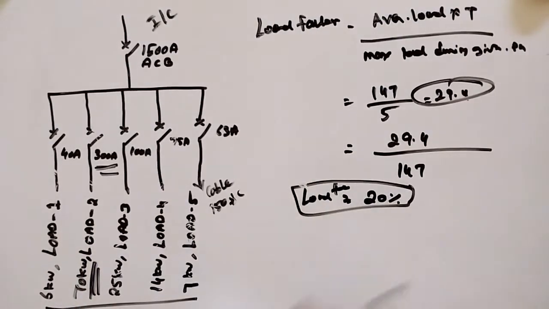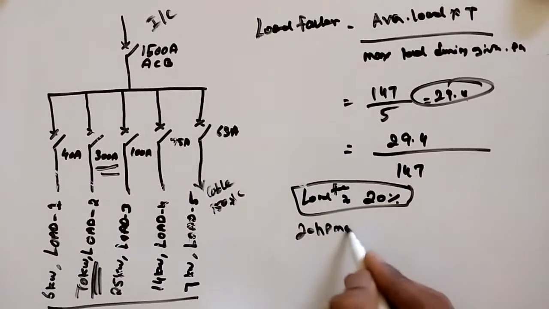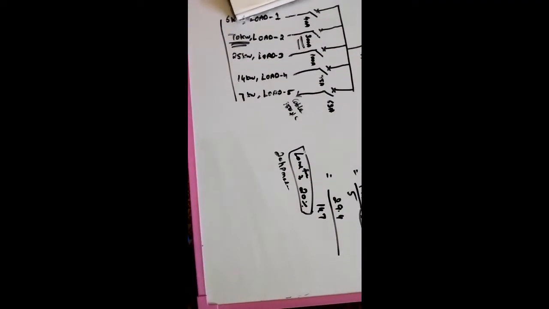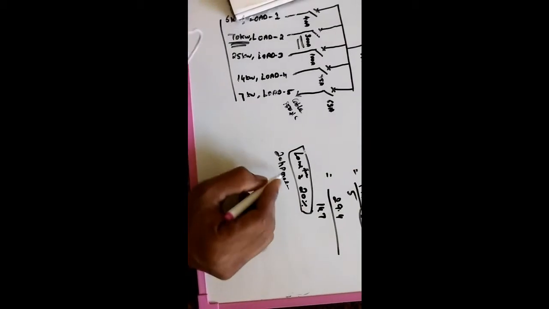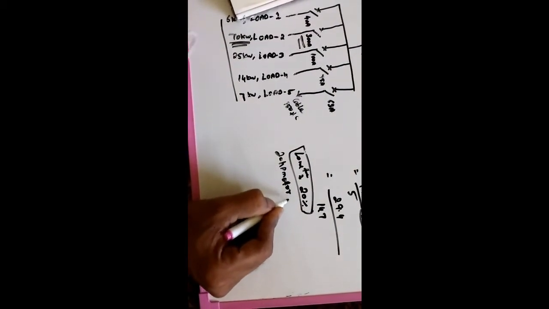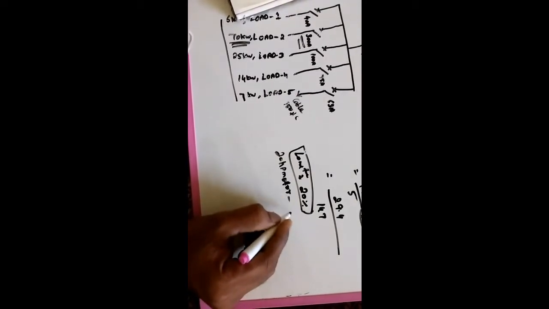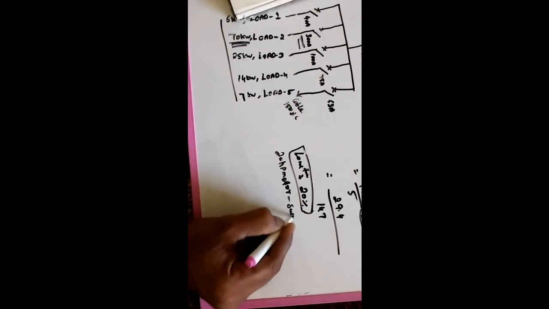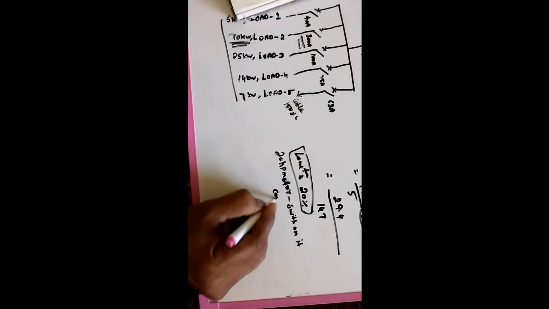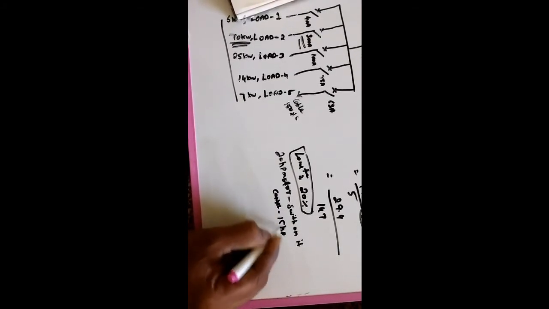Another very simple example, a 20 HP motor. At the time of switching it on, it consumes 15 horsepower.